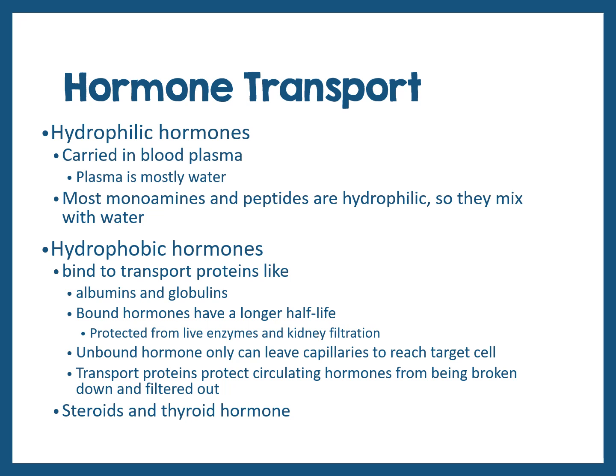But only the unbound hormones will be able to leave the capillaries in order to reach those target cells. The hormones that are being carried by the transport proteins are going to be protected because they won't be broken down by liver enzymes and kidney filtration. So hydrophobic hormones that are transported this way include the steroid hormones and the thyroid hormone.